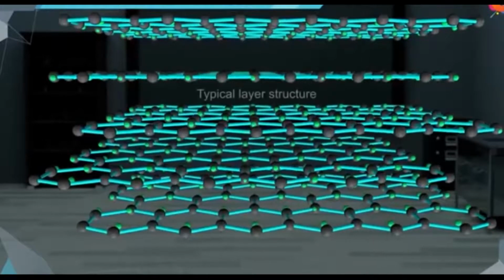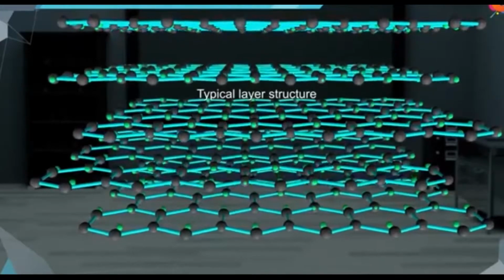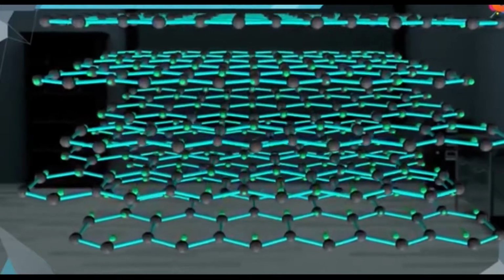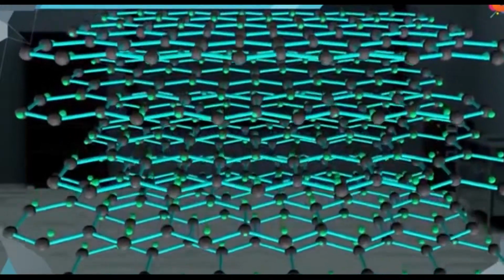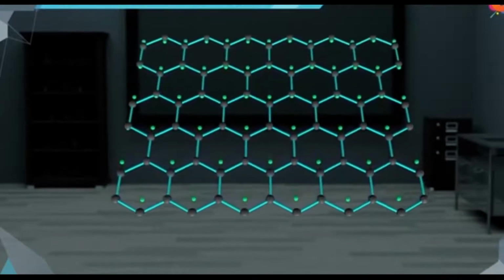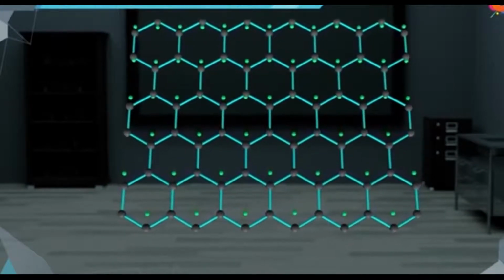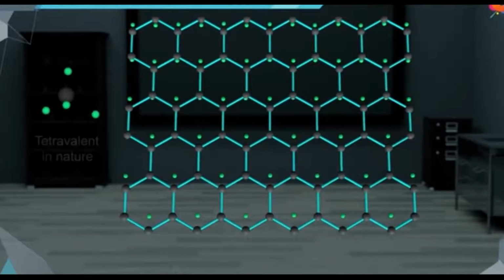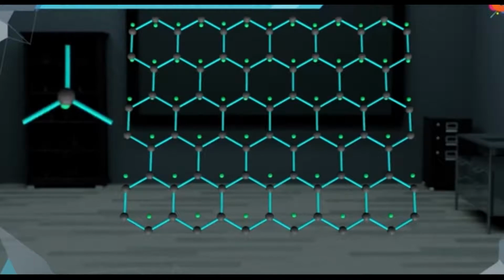In graphite, carbon atoms are arranged in different layers. We know that carbon is tetrahedral in nature and has 4 valence electrons in each layer. One carbon atom is bonded to 3 other neighboring atoms within the same layer. The unbonded 4th valence electron of each carbon atom is present between the layers.